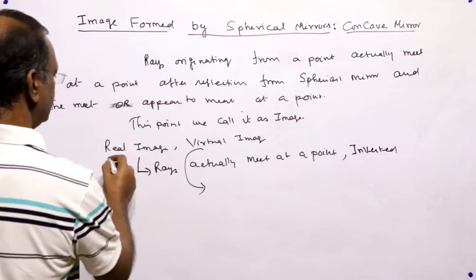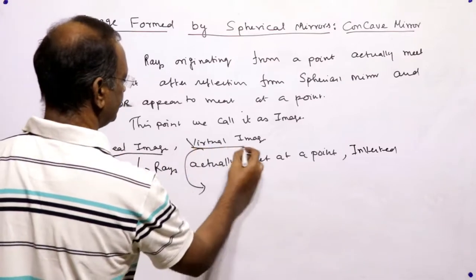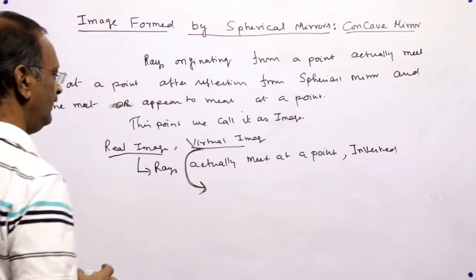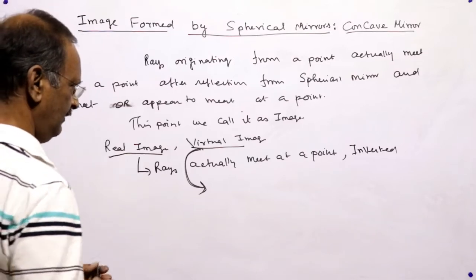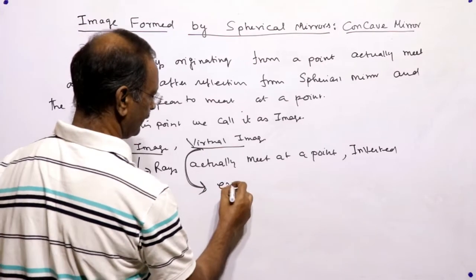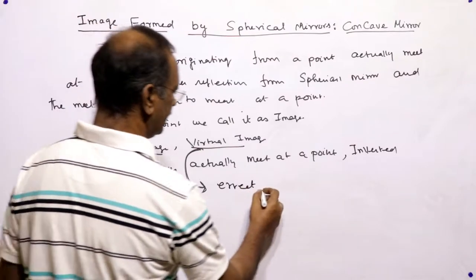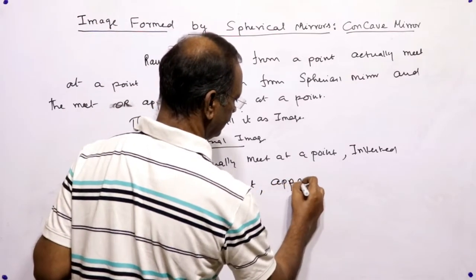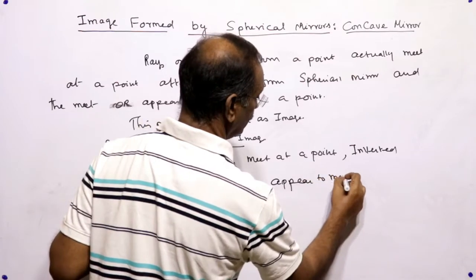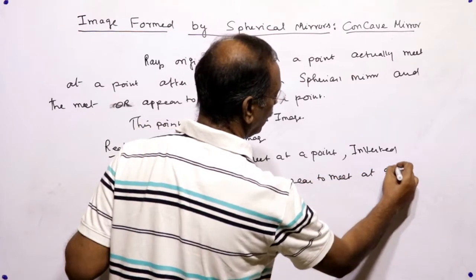The virtual image will be erect, and the rays only appear to meet at a point.